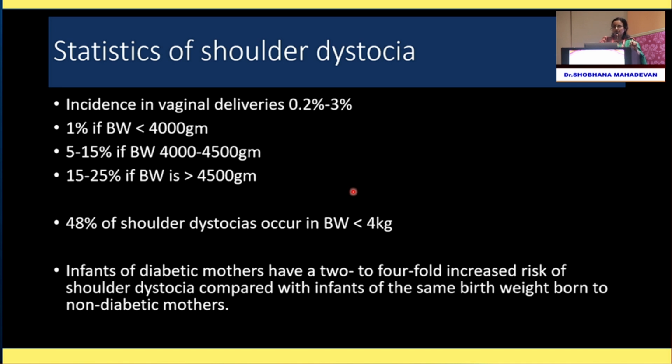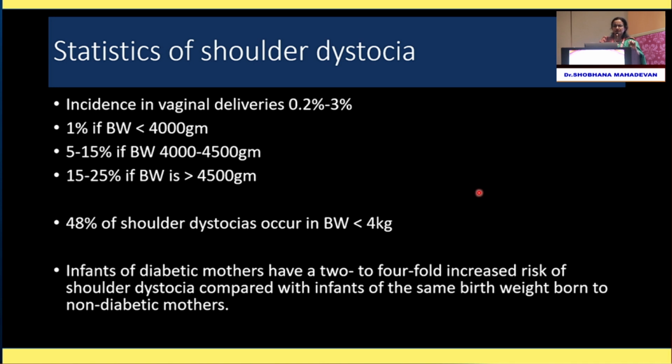Some studies even report incidence as high as 15 to 25% if the birth weight is above 4.5 kilo. But if you look at all the babies who have had shoulder dystocia, 48% of them actually occur in a birth weight less than 4 kilo. Therefore, the anticipation for shoulder dystocia should be there in all deliveries, and the labor ward should be geared to handle this.